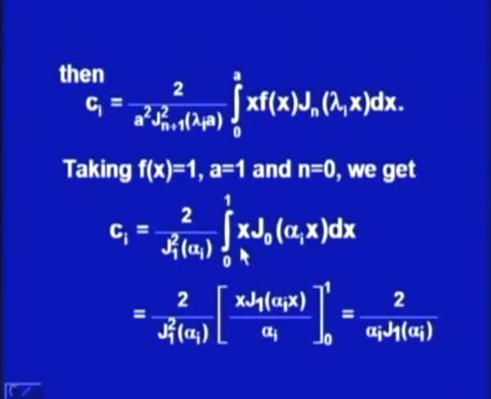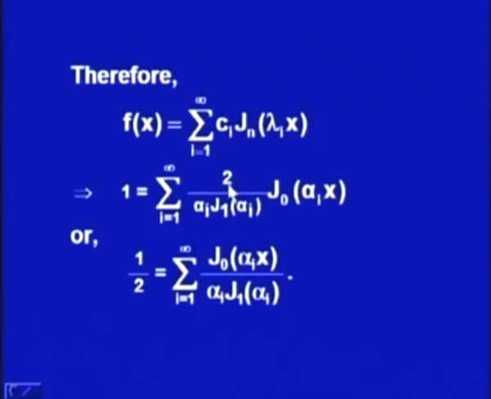Now, we know from the recurrence formulae for Bessel functions that the integral of x J_0(x) is x J_1(x). So, the integral of x J_0(alpha_i x) dx over the interval 0 to 1 will be equal to x J_1(alpha_i x) over alpha_i evaluated over 0 to 1, and therefore C_i will be equal to 2 over J_1 square alpha_i into x J_1(alpha_i x) over alpha_i. When you put the limits 0 and 1 here, we get C_i equal to 2 over alpha_i J_1(alpha_i).